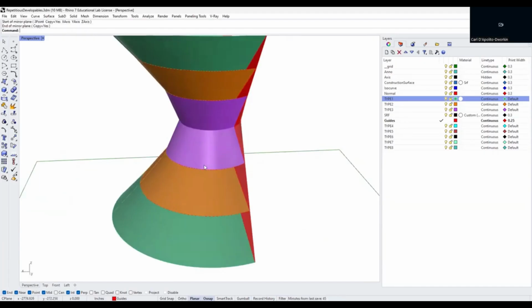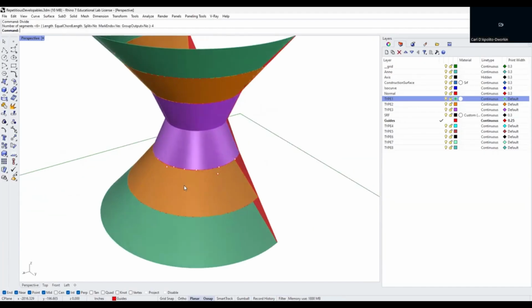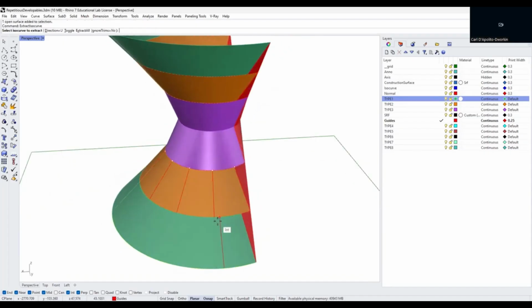Then if I divide this up, like let's say I divide this into four, all of those are one type.